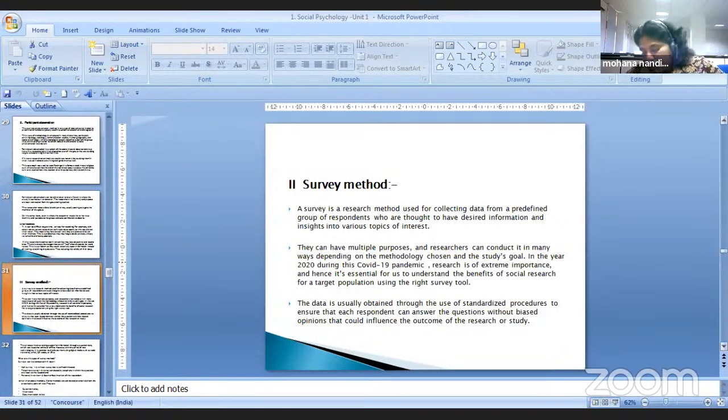Most of the time, whenever a company is launching a product, before launching it they will do a survey. In this pandemic situation, people have a lot of interest in others' lives. We can ask how you are reacting to seeing the death rate, or we can do a survey on how many people got vaccinated with Covishield or Covaxin or Pfizer.